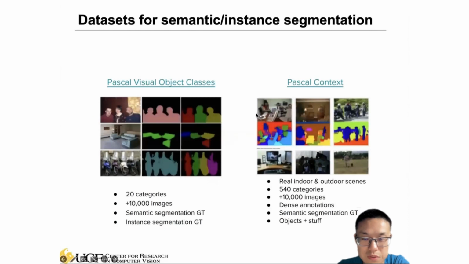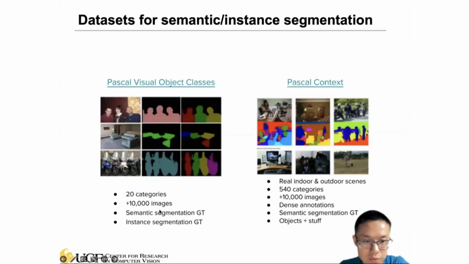Since semantic segmentation and instance segmentation are very important tasks, there are many databases to evaluate segmentation. Here I list a couple of popular databases so that people can use them to evaluate their algorithms and do comparisons. This is the Pascal Visual Object Classes dataset.